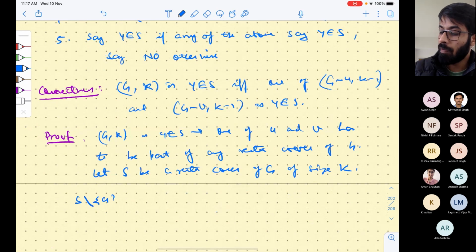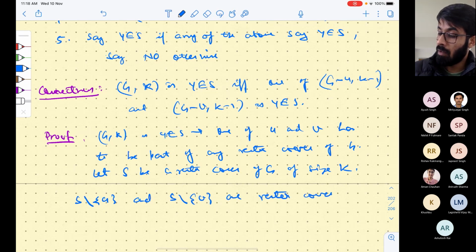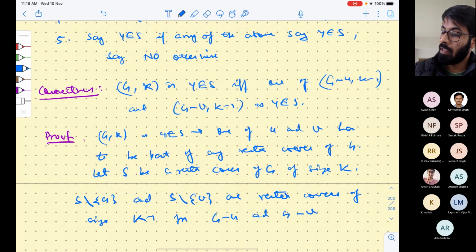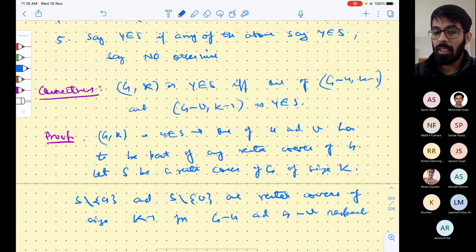Then S minus u and S minus v are vertex covers of size k minus 1 for G minus u and G minus v respectively. So they are both yes instances. We wanted to show that one of them is a yes instance, but actually both of them will be yes instances if G has a vertex cover of size k, right?